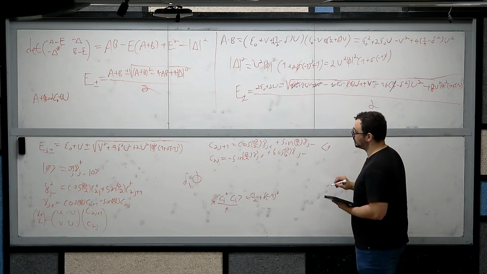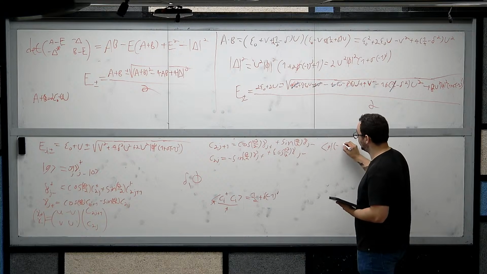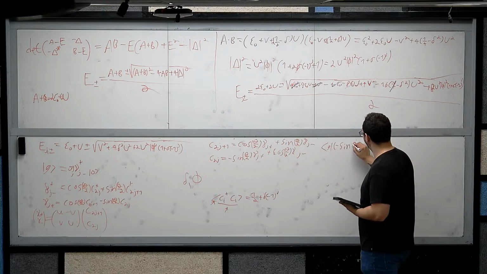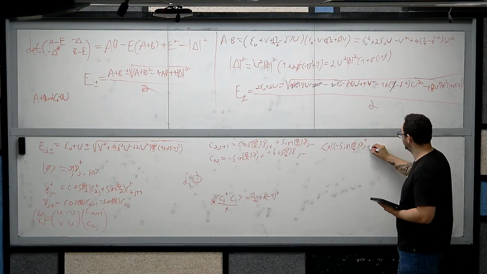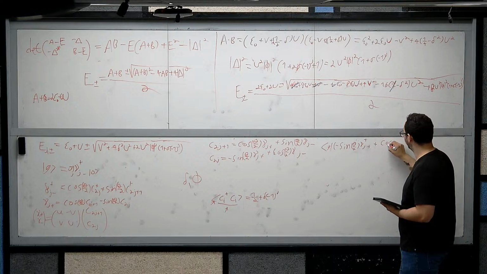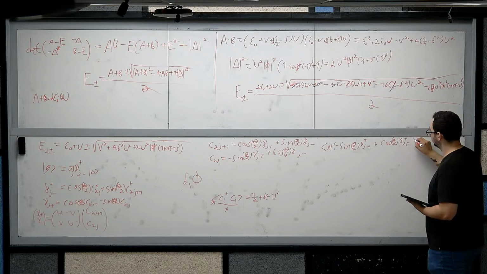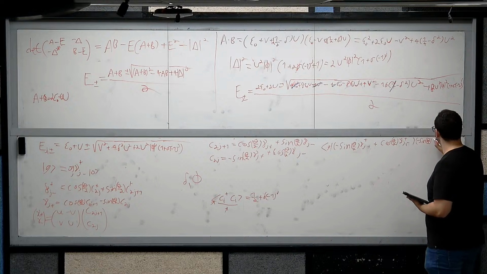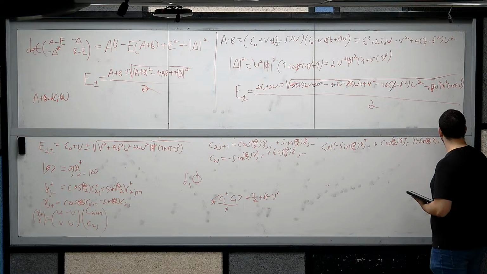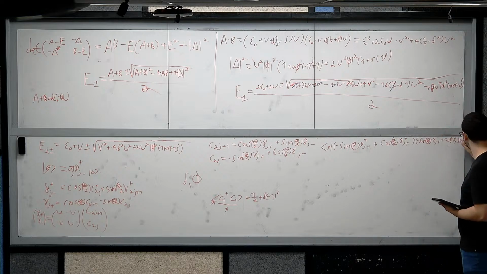So G of minus sine divided by 2 gamma J dagger plus cosine divided by 2 gamma J minus dagger, minus sine divided by 2 gamma J plus cosine theta divided by 2 gamma J minus.